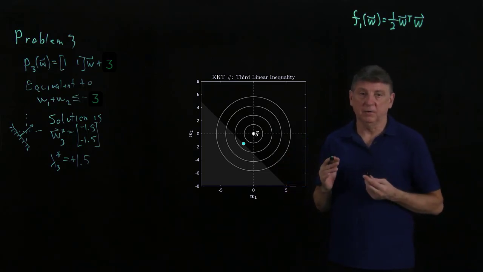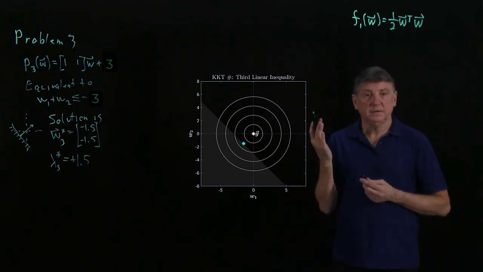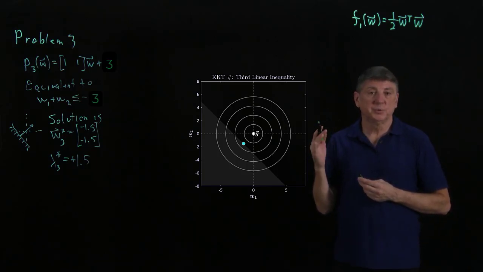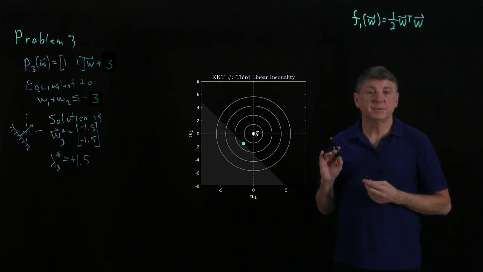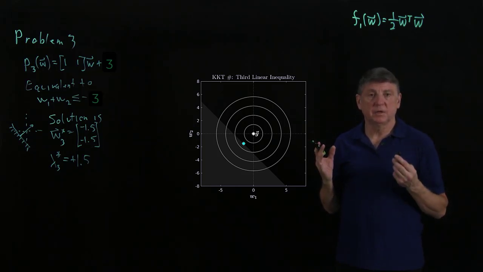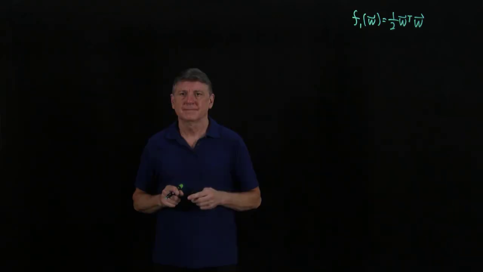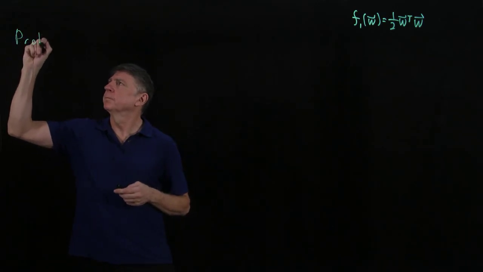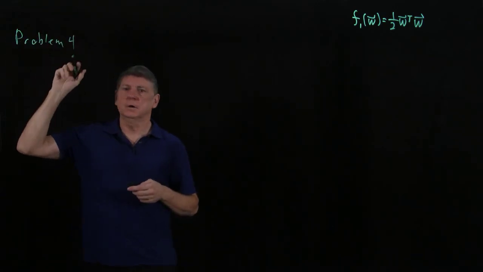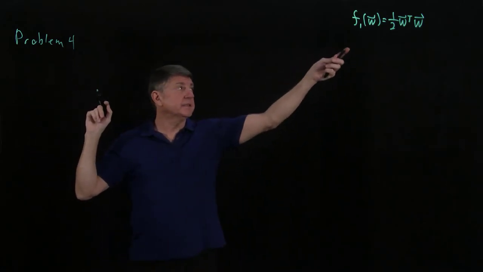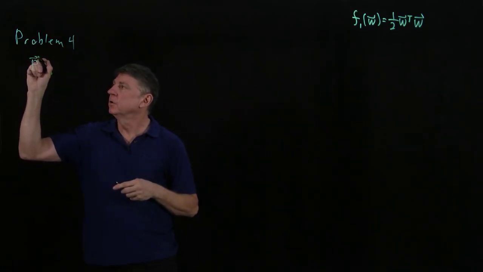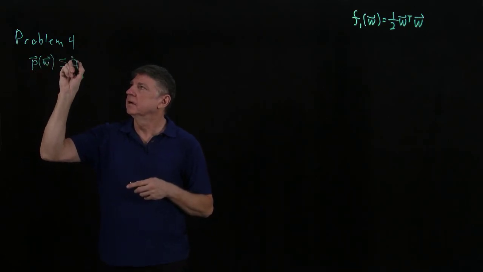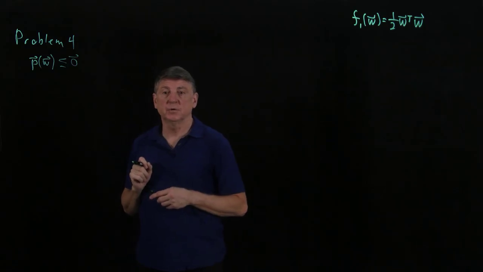So what we've done now is explore one constraint that was always inactive, and two other constraints that are active separately. Now, let's combine them all and see what we get. When we combine all of these constraints, we have our problem 4, and now all of those properties have to be less than or equal to 0.